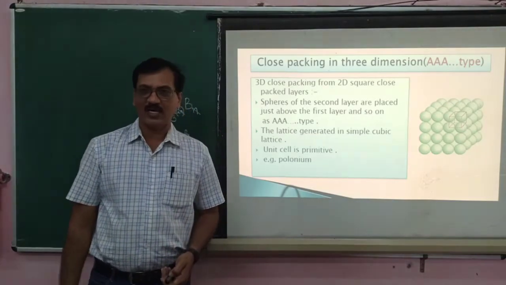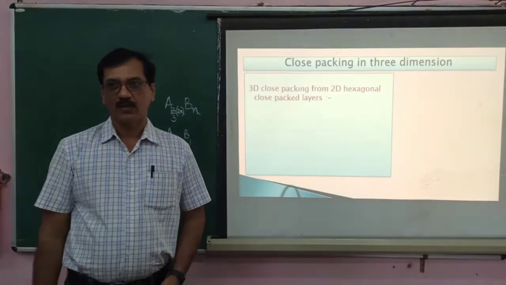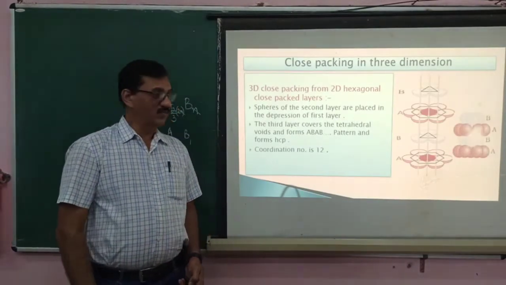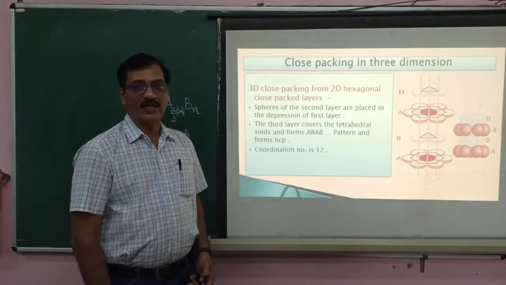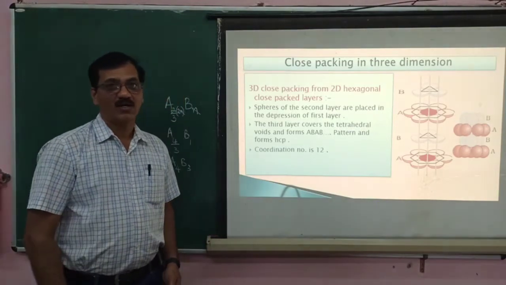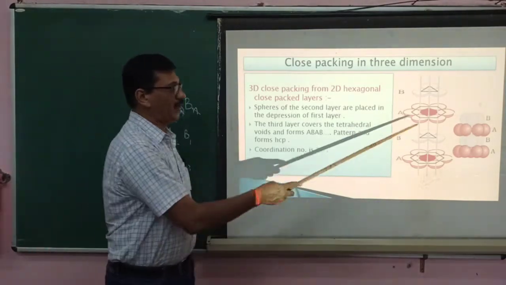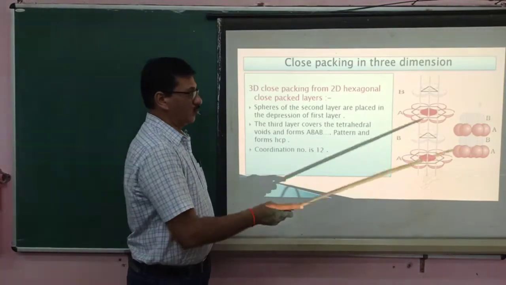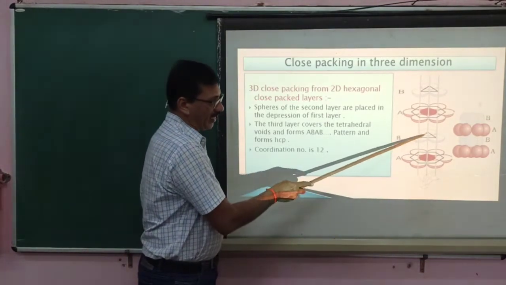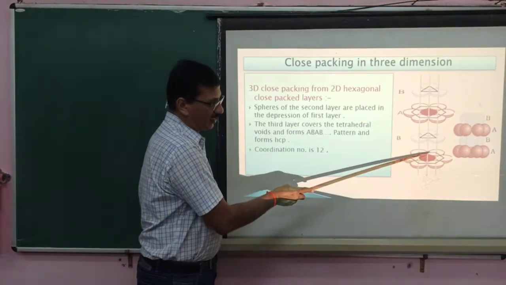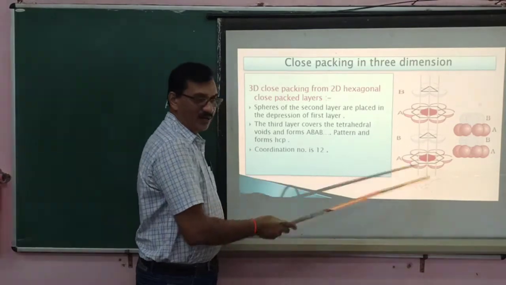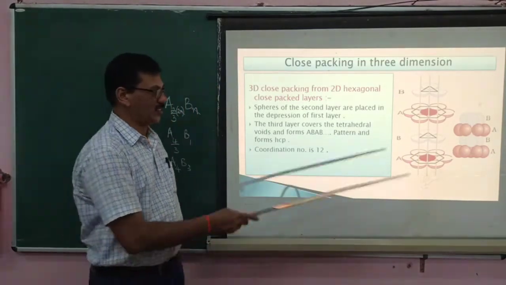Now, what is the another possibility? If you take the layer which is AB type, a small piece of that is being taken. So if you keep the 3 atoms just over that, you will get the depressions over the first layer.